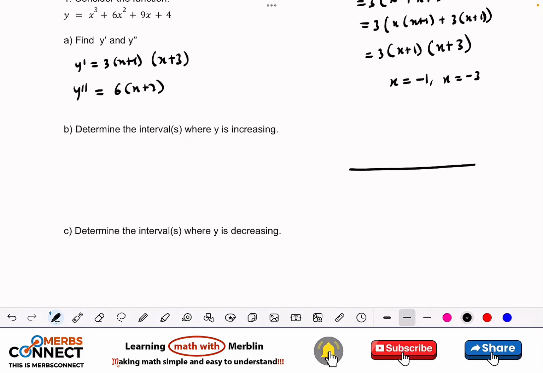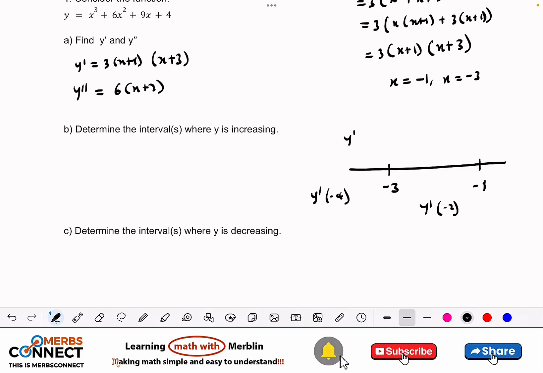So let's try and indicate this on the number line. Minus 3, minus 1. So don't forget here we are using y prime. So I need to pick any point here and plug it in y prime. So y prime of -4, y prime of -2, and then I can pick y prime of 0.